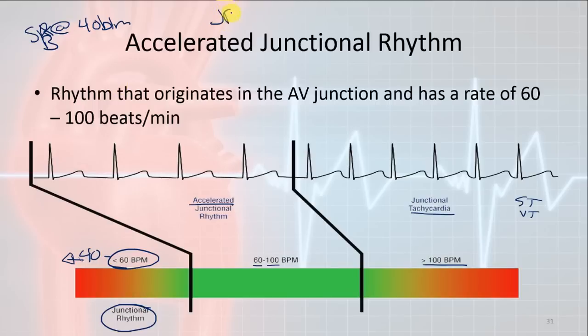So a junctional rhythm that occurs at, we'll say, 30 beats per minute technically is not a junctional rhythm. It is occurring at less than the intrinsic rate, so it would be a junctional bradycardia at 30 beats a minute.